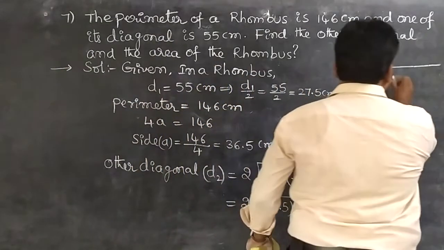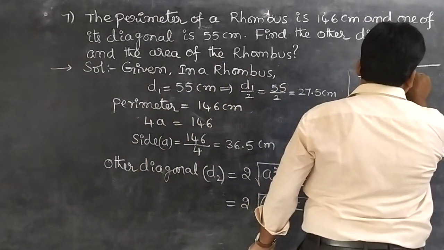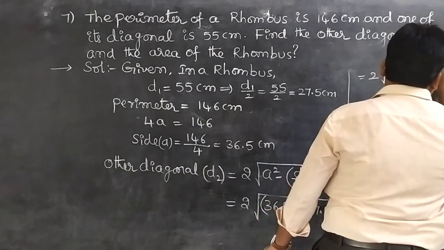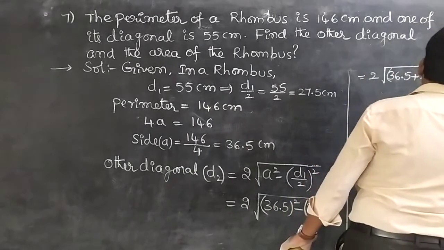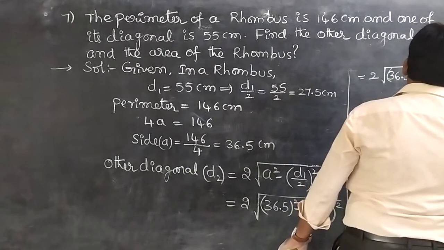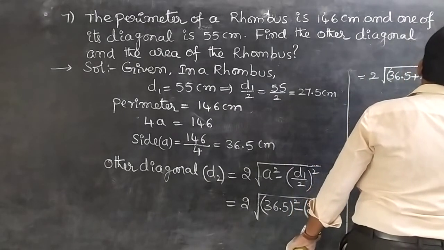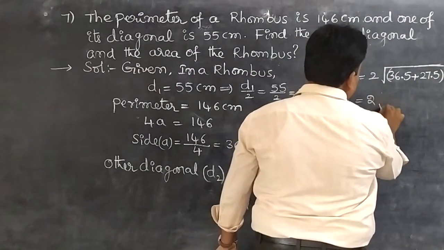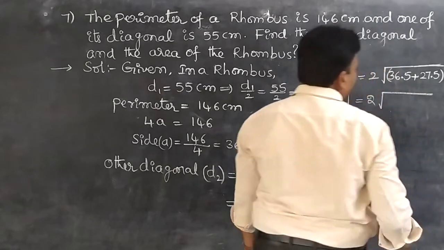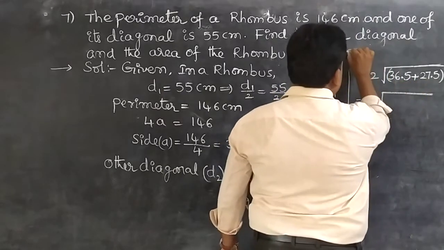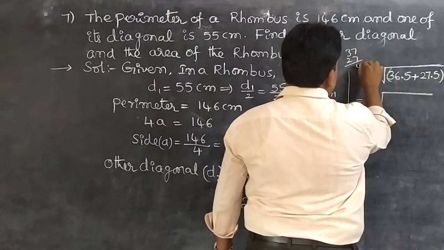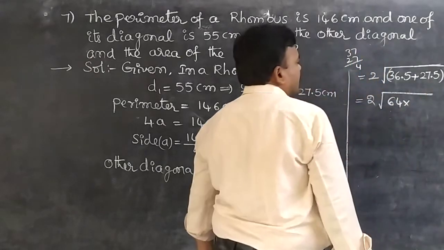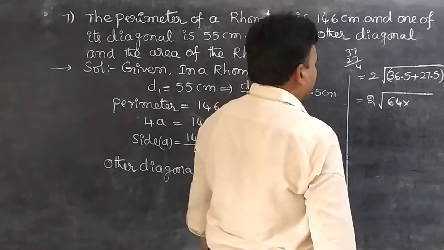So here that is (36.5 plus 27.5) into (36.5 minus 27.5). So then that implies 2 into square root of, adding both, 64, into 9.